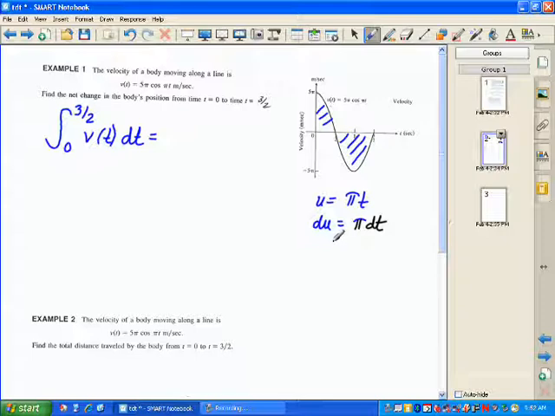And we have still a 5 hanging out there as well, don't we? Okay, multiply by 5. 5 du is 5 pi dt.